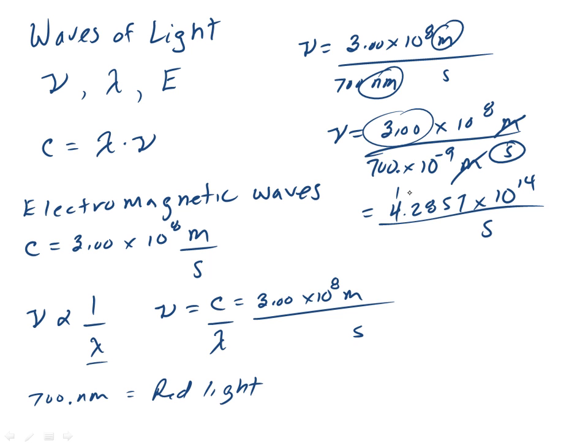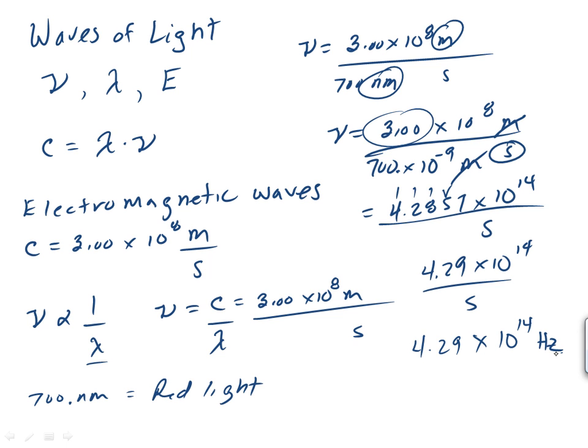So we go 1, 2, 3. We do look at the 5 here. If the number is 5 or greater, we round up. So my final answer would be 4.29 times 10 to the 14th over seconds. Or if you want to clean it up some more, it would be 4.29 times 10 to the 14th, and you could say Hz, hertz.